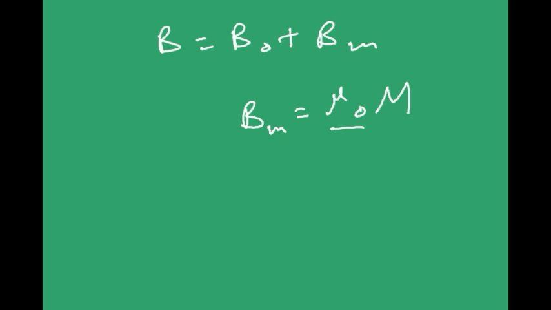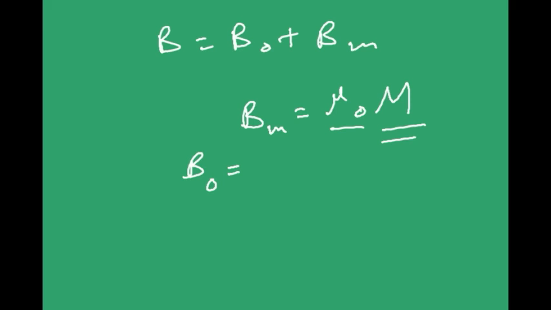Observe this. I can write Bm as mu naught times magnetization, right? I mean a constant times some magnetization. So can I write B naught also in a similar fashion? I mean a constant times something. Yes, I can.